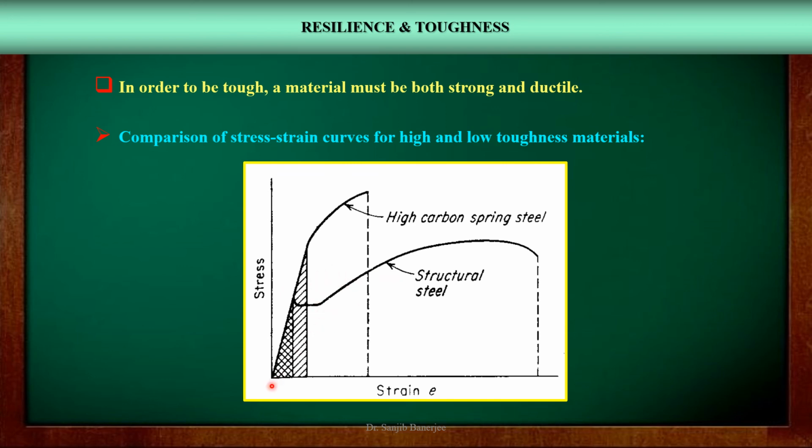And hence, the structural steel has a higher value of toughness compared to this high carbon spring steel, even if this high carbon spring steel may possess a higher level of strength.